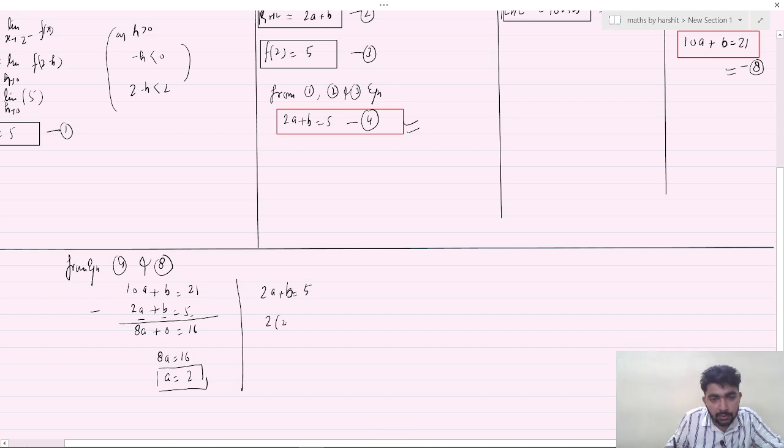So 2 into 2 plus b equals 5. What is the b value from here? 5 minus 4, b should be 1.